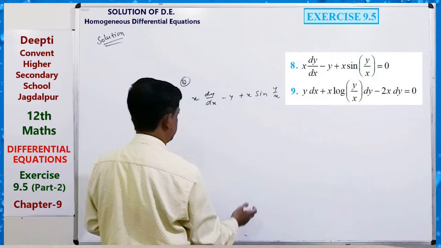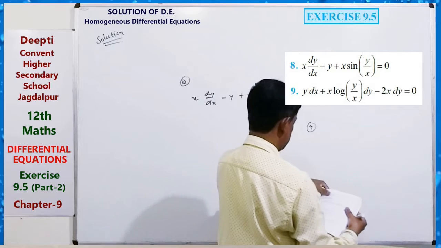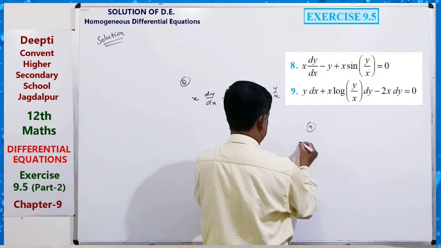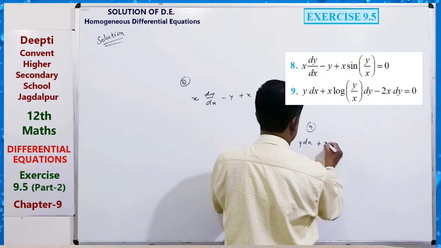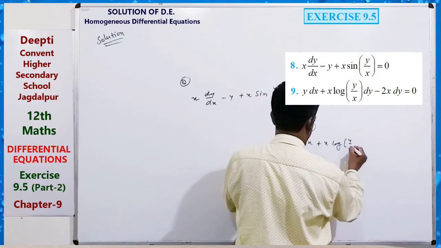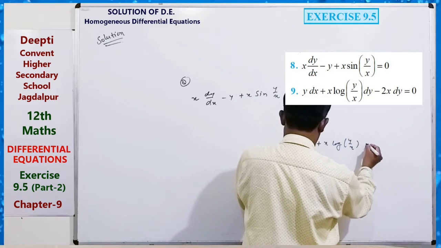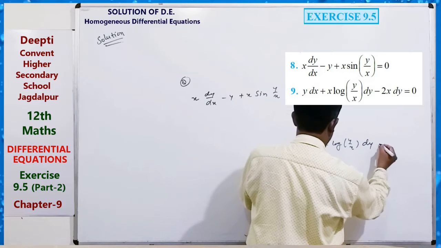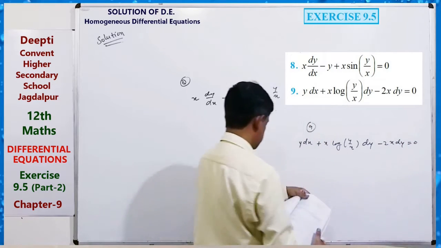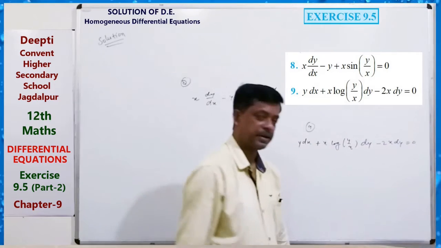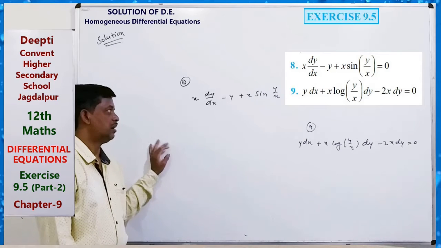This is 8, and 9 is what? 9 is y dx plus x log(y/x) dy minus 2x dy equals 0. Just like this. So whether these two equations are in y by x format, our target is what?